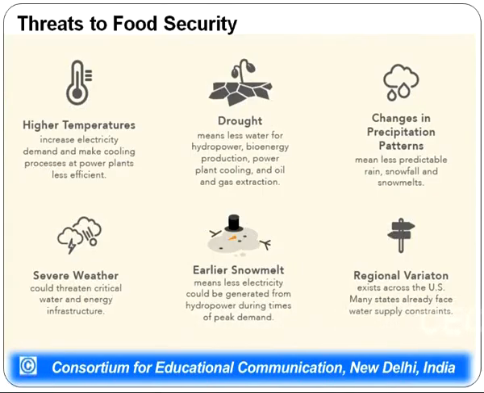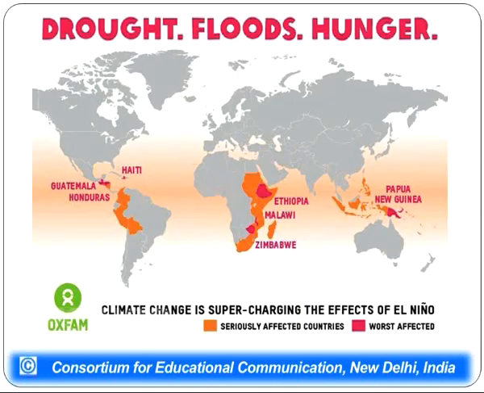Threats to food security: high temperature, you can see, increases electricity demand and makes cooling processes at power plants less efficient. Drought means less water for hydropower and bioenergy production. Changes in precipitation pattern, what we are experiencing now, mean less predictable rain, snowfall, snow melts. Severe weather is very, very important.